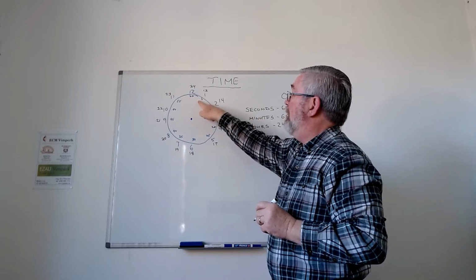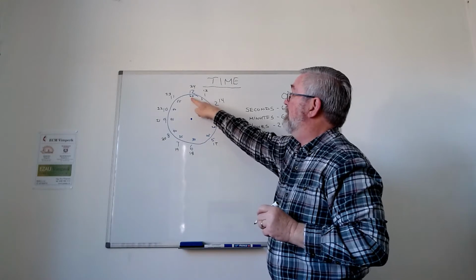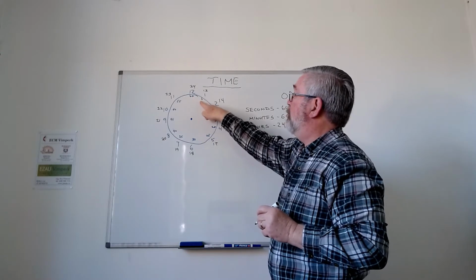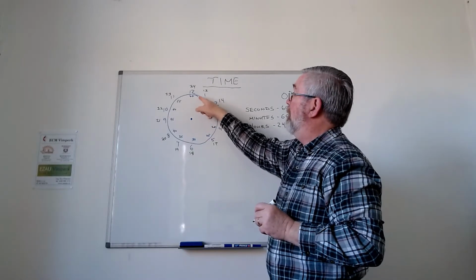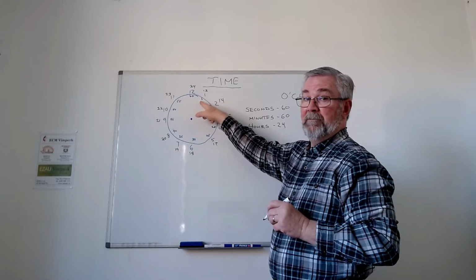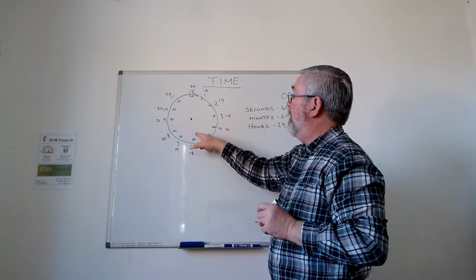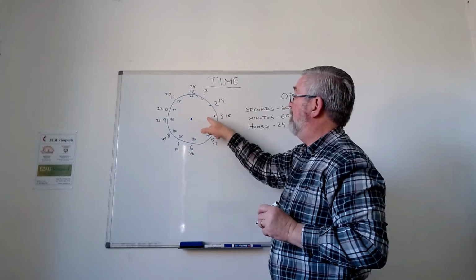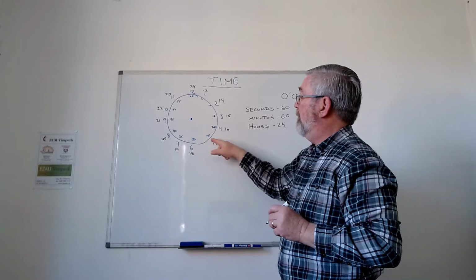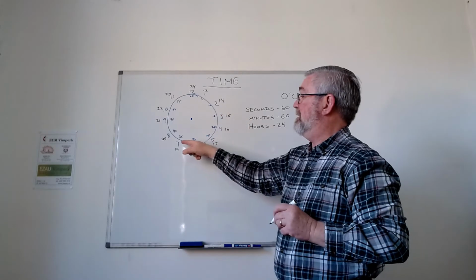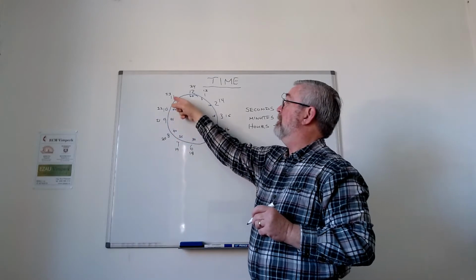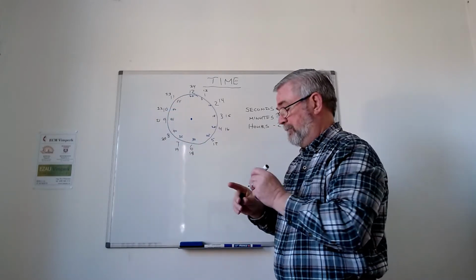So here we have 5 from the 12 to the 1. There's 5 seconds or 5 minutes, and all the way around the clock. Okay, 10, 15, 20. These are 5-minute or 5-second segments at each point of the clock.